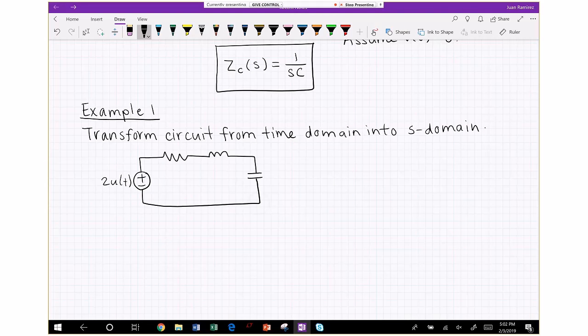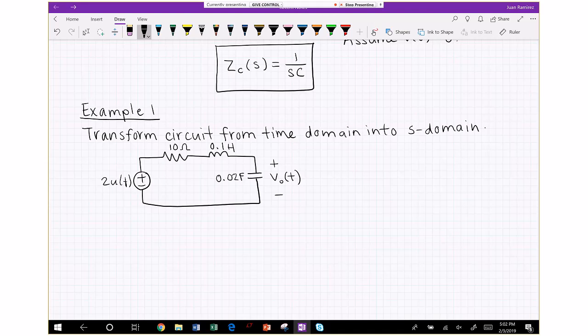The resistor will be 10 ohms. The inductor will be 0.1 henries. Capacitance will be 0.02 farads. And the value we're looking for is the output voltage with respect to time.